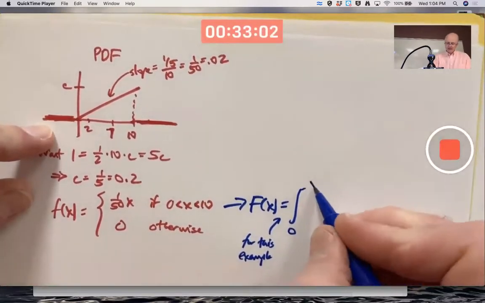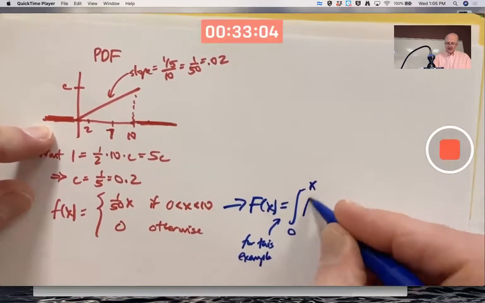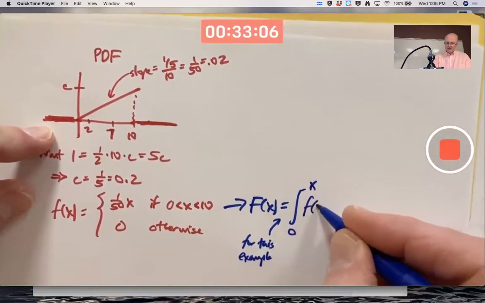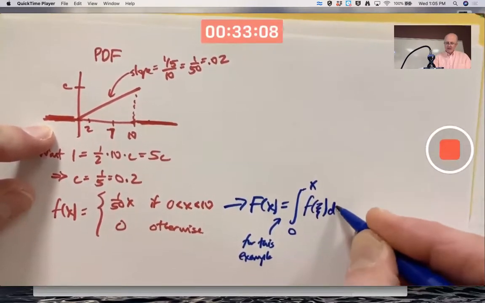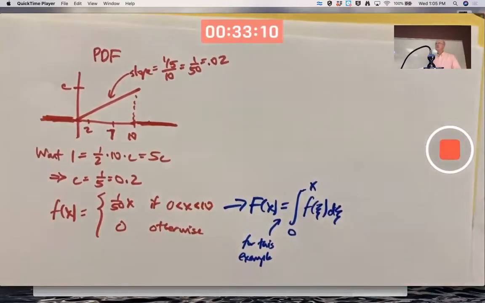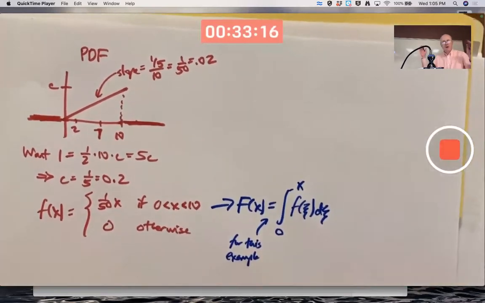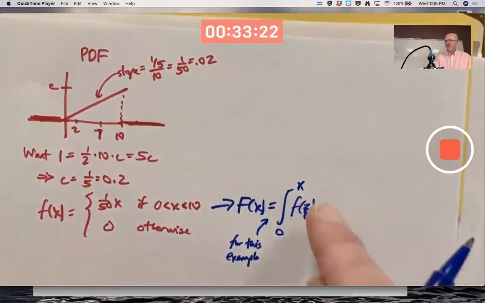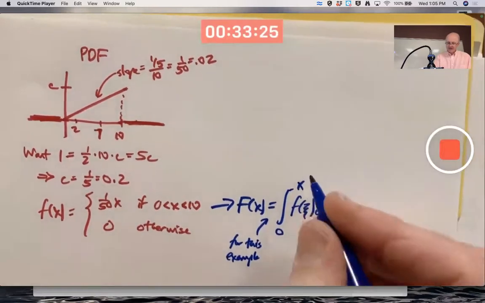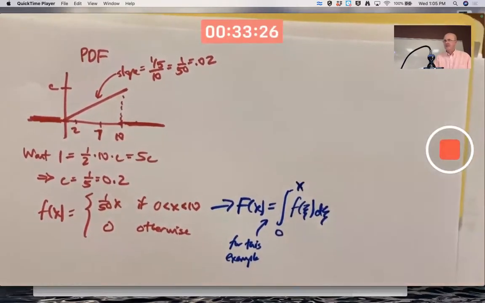We want to make x the upper limit, and we want to put the f of something d something, and we'll use squiggle again, f of squiggle d squiggle. Using squiggles just for fun, just because I like it. I do want to use something different than x, though, because I want to emphasize the variable is up there.